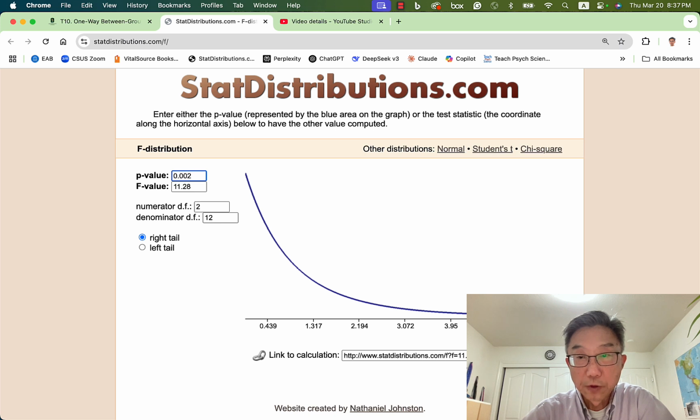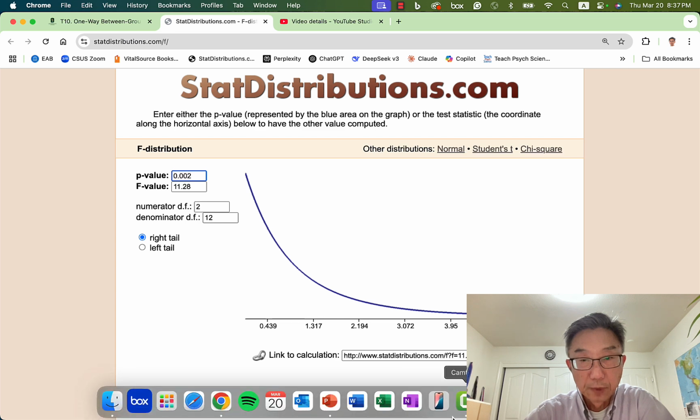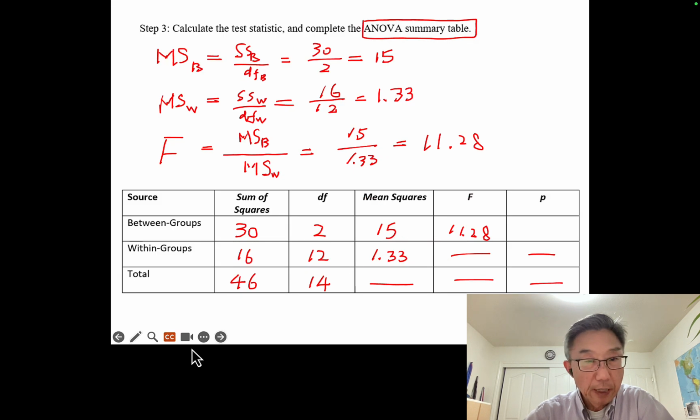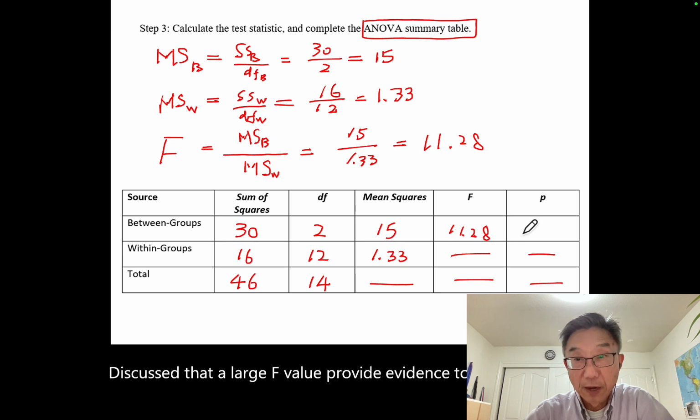So F equals 11.28, and it's right here, p equals 0.002. Remember that we discussed that a large F value provides evidence to reject the null hypothesis.